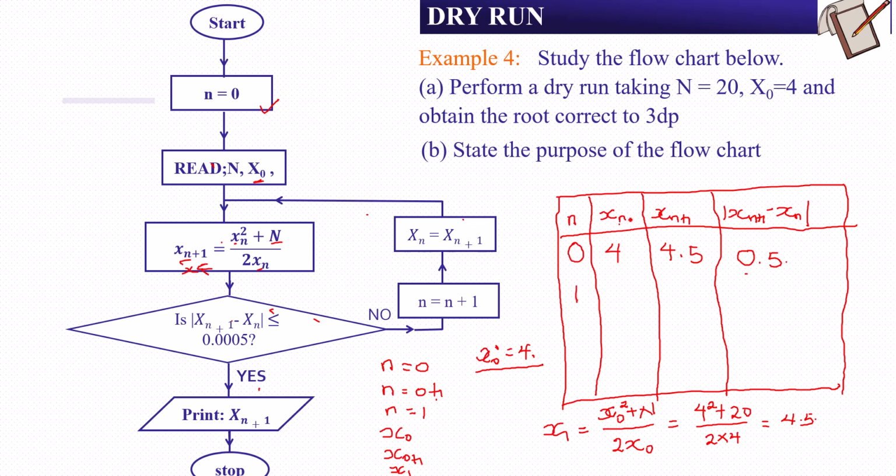And our xn will not be a 4, but rather it is 4.5. So this will be 4.5. And then we're going to use this xn to calculate the next x. So our x1 is equal to 4.5. That means now we are looking for x2.